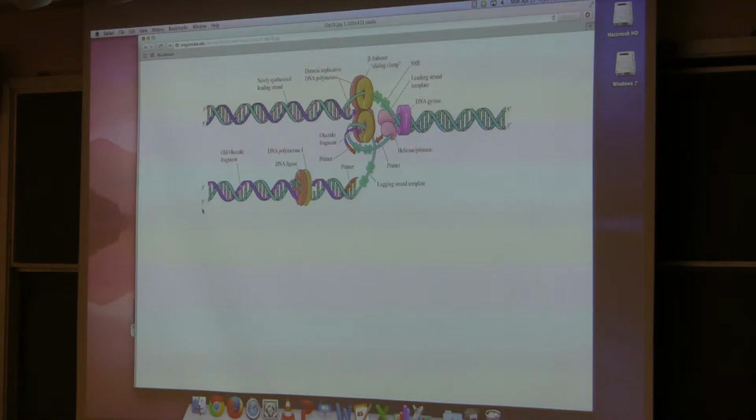The other DNA polymerase that does some work is called DNA polymerase I. And DNA polymerase I's job is really interesting. DNA polymerase I has to remove those little pieces of RNA and replace them with DNA. That's what polymerase I does. It removes those RNAs and replaces them with DNAs.